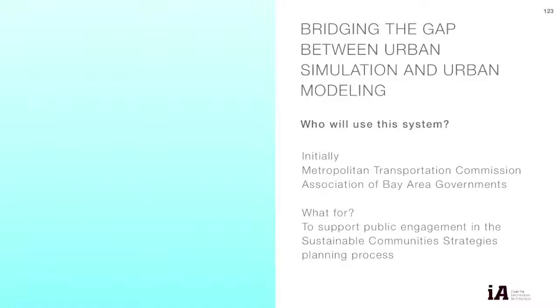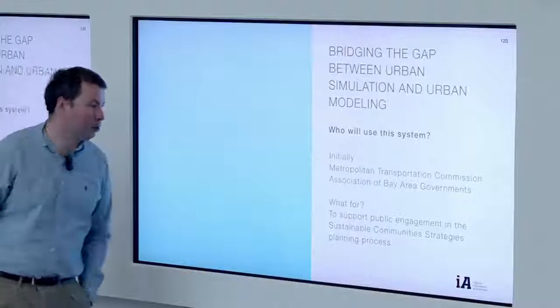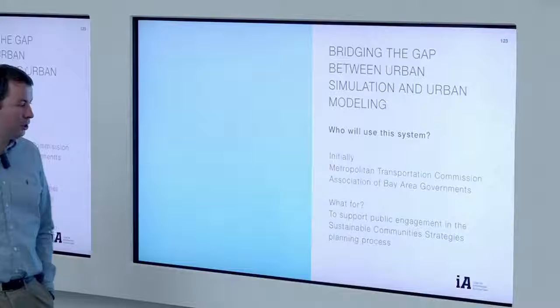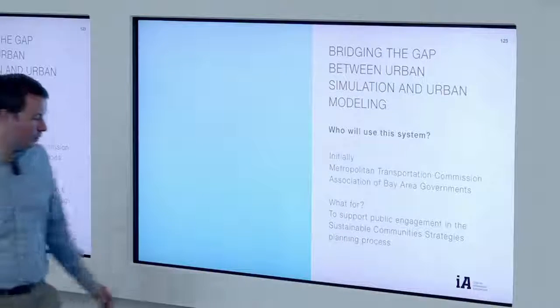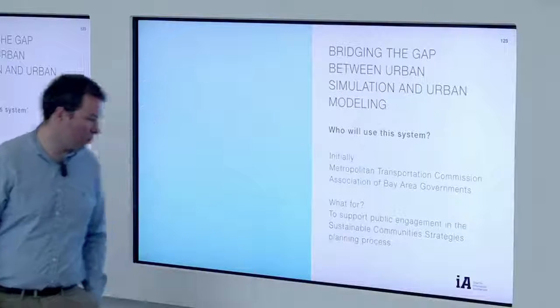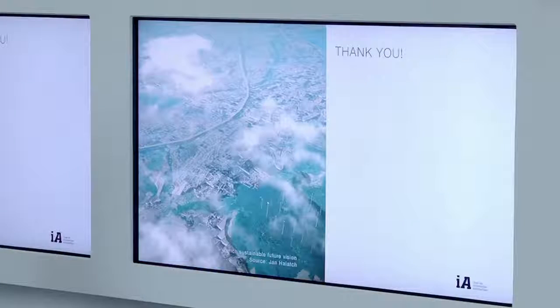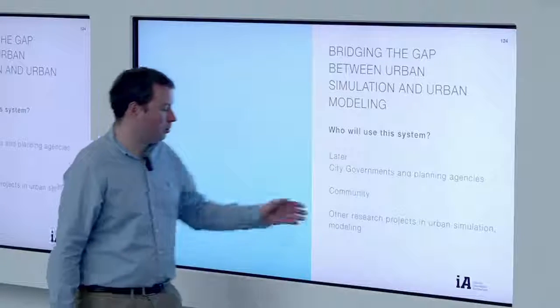It was first used at the Bay, at the Metropolitan Transportation Commission, to have some future development scenarios at hand, on how you actually can use this for sustainable planning. And later on it will be implemented for other cities and communities.